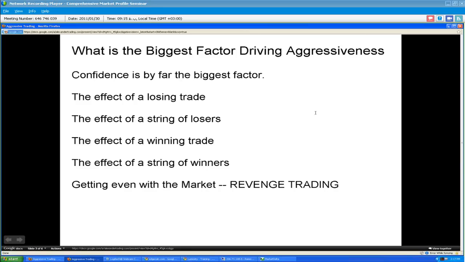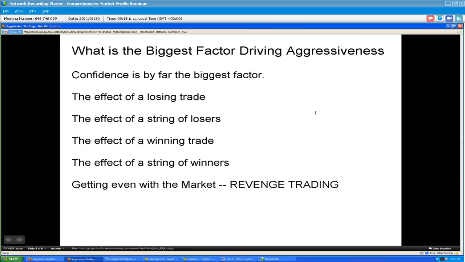Have any of you ever done that? Where you get angry at the market and you want to get even. Revenge trading is very similar to the situation that I described with the Dutch Deal or No Deal player. It's a very similar type of situation.